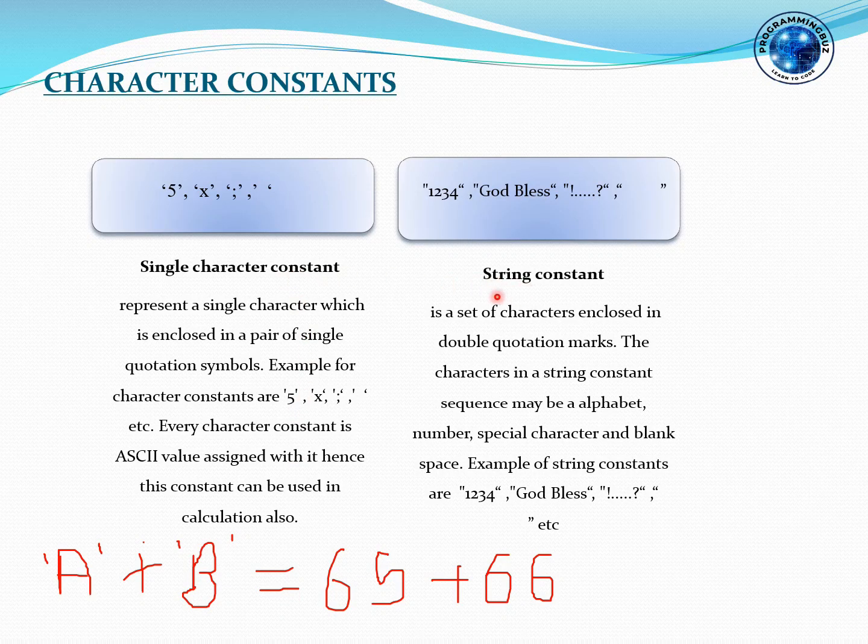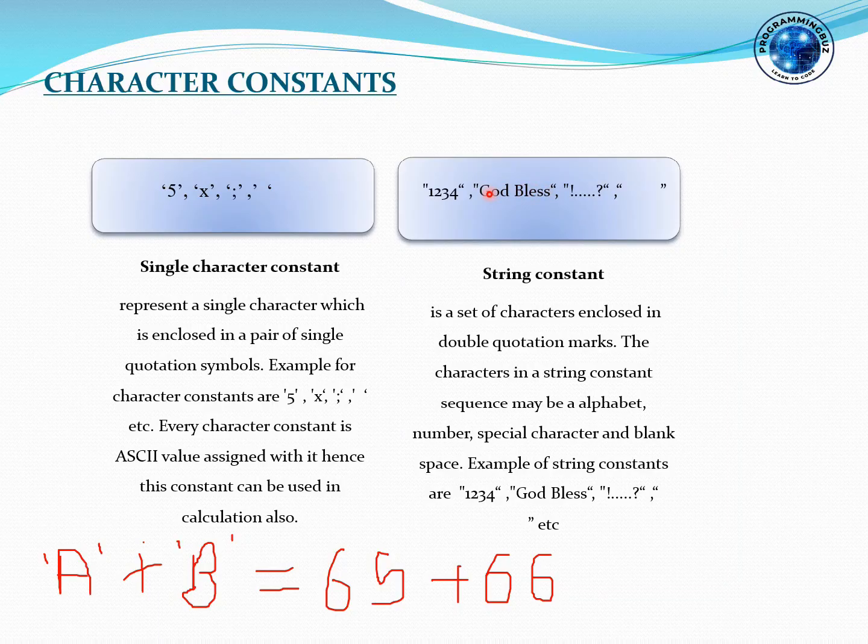The next type of constant is the string constant. A string constant is very simple. If you include a number of characters in double quotation marks, then it will be considered a string constant. Here the characters 1, 2, 3, 4 are enclosed in double quotation marks, so it is considered a string constant.